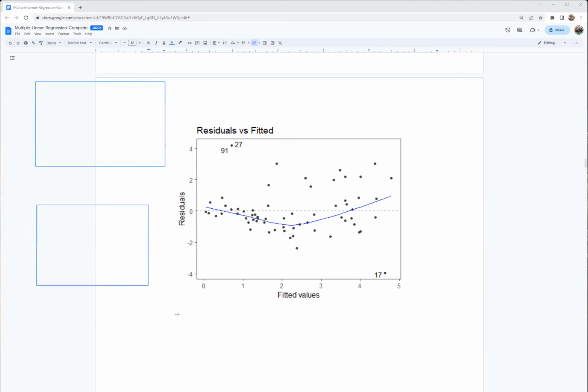I'll draw 2 examples here. Let's say we had X, and then we have our Y. Okay, and then we have our dotted line in the middle here, or actually it's not really X and Y here. It's fitted values.